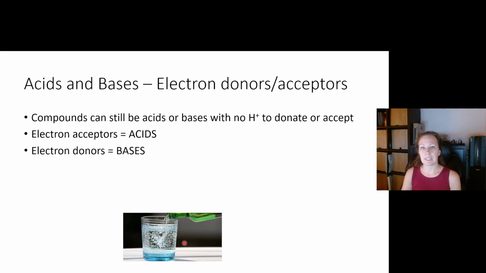Notice that this is exactly the reverse of the previous screen. Acids are proton donors. They have a positive charge, and so they donate that positive charge. Well, if they have a positive charge, electrons are going to be attracted to them, and they will also accept electrons.